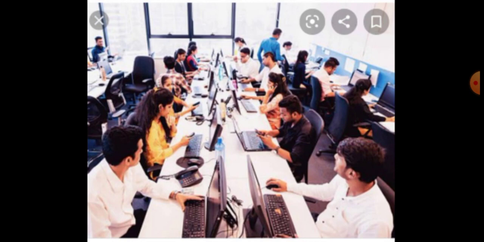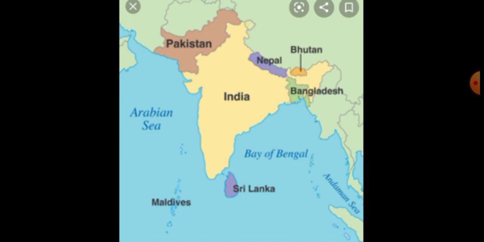Okay, then some countries are part of the Indian subcontinent. Students, do you remember what countries are part of the Indian subcontinent? Very good. Pakistan, Myanmar, Bangladesh, Nepal, Bhutan and Sri Lanka. Then India is the second most populous country.